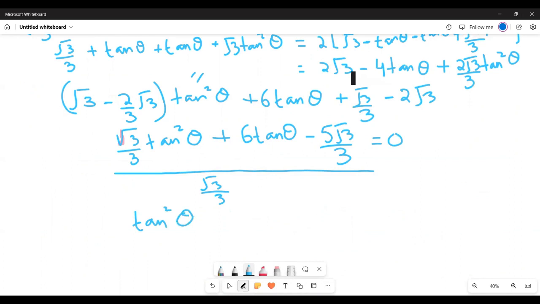This becomes tan square theta plus what is 6 divided by fraction under root 3 upon 3. That is 6 under root 3. And minus what is 5 square root of 3 upon 3 divided by, I think it's just 5 square root of 3 upon 3. Yes, it's just going to be 5.